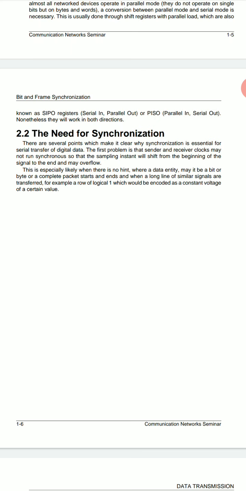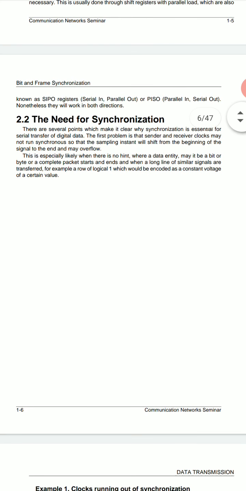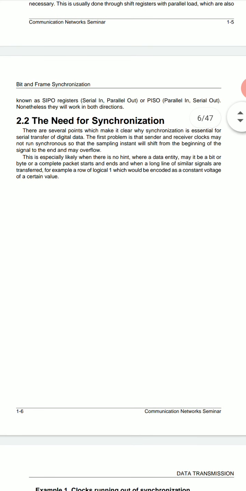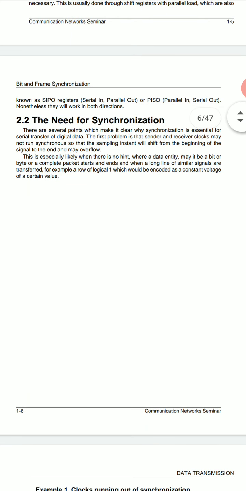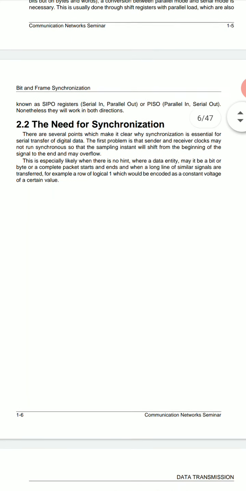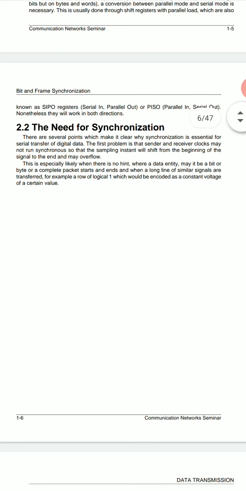First problem is the sender and receiver clocks may not run synchronously, so the sampling instant will shift from the beginning of the signal to the end, and it can overflow. If there is no synchronization, the sampling instant shift can lead to overflow.